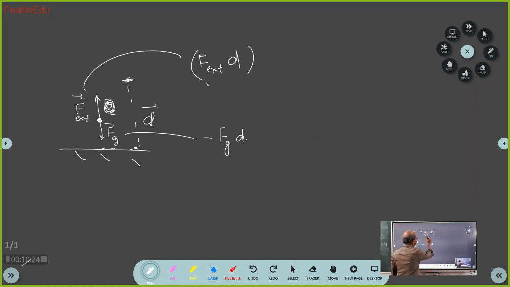Now, this work done. See, what is energy? Capacity to do work. I hope all of you know this. That means if you do so much work, then so much energy has to be expended. You cannot do work without expending energy.